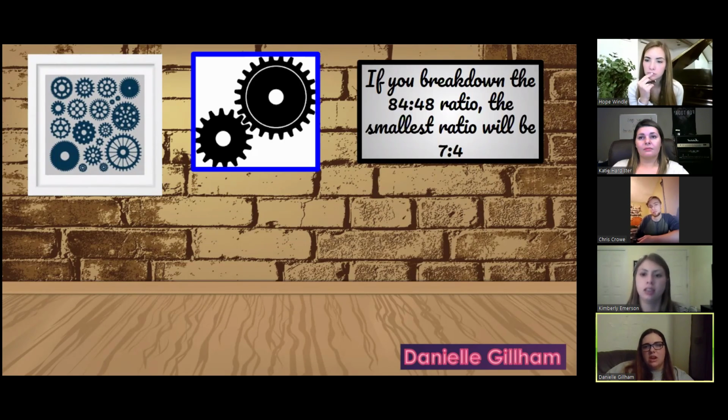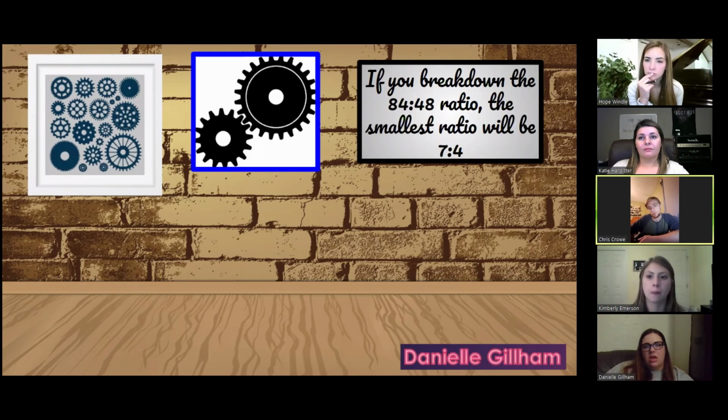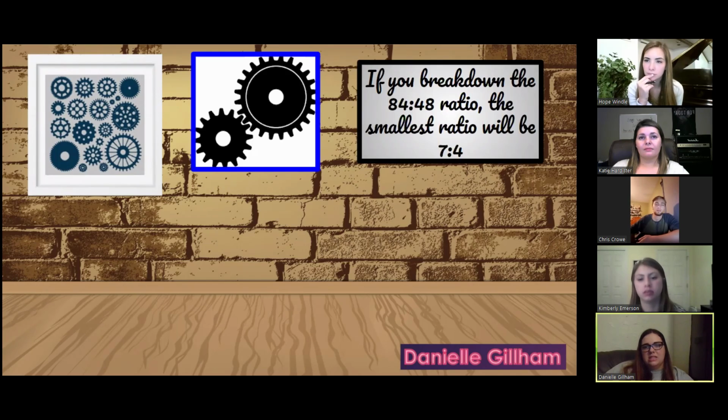So instead of looking at a big ratio of 84 to 48 on the teeth gears, I broke it down to 7 to 4. So your bigger gear is simply going to go around 4 times, compared to your smaller one is going to go around 7 times when they work together.